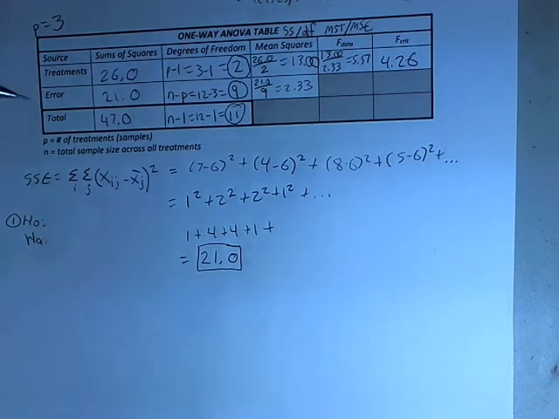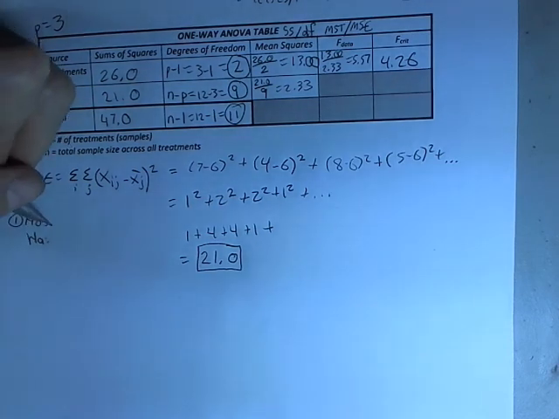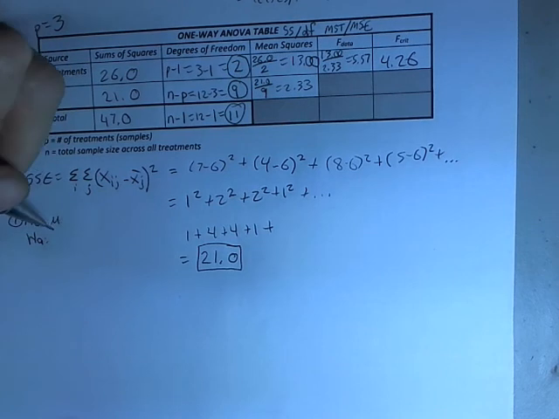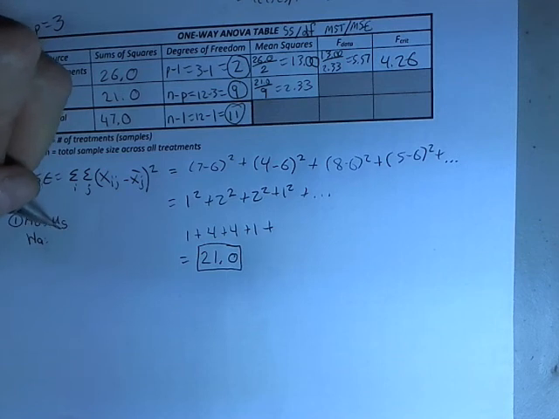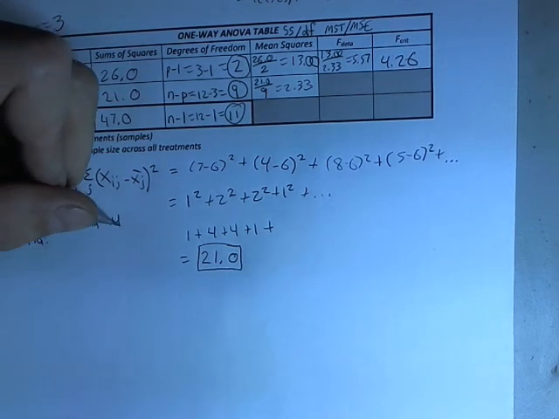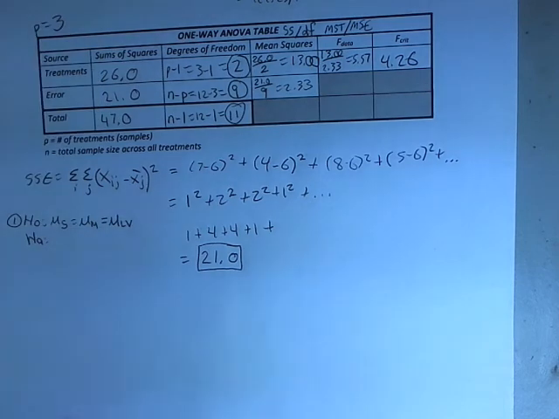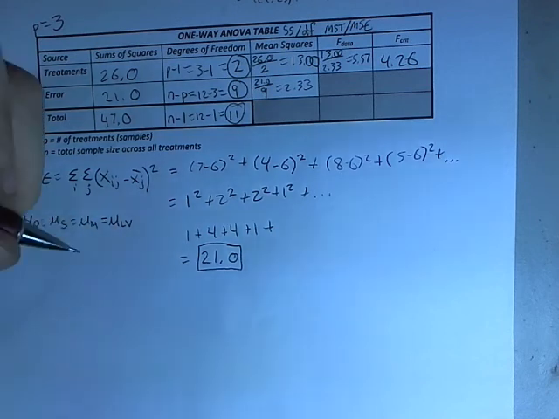Any ANOVA test that we perform is going to take the form that the mean of Singapore is equal to the mean of Macau is equal to the mean of Las Vegas. In words, this is saying that every mean in each sample is statistically equal to every other mean.